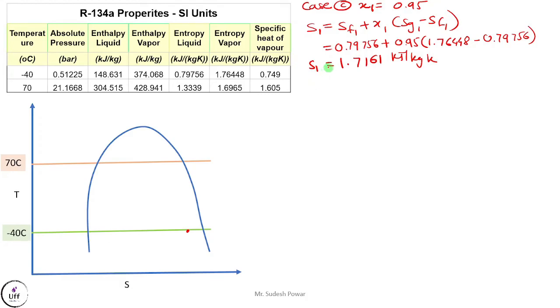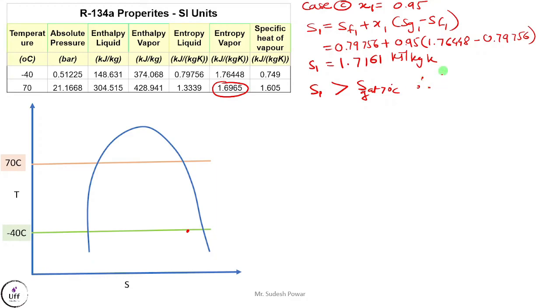Now with respect to the entropy at point number 1, you see the entropy of vapor at higher temperature. So that is 1.6965. So S1, entropy at entry to the compressor, is more than entropy of vapor at 70 degrees centigrade.